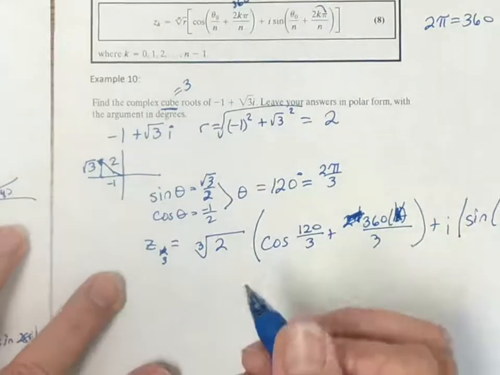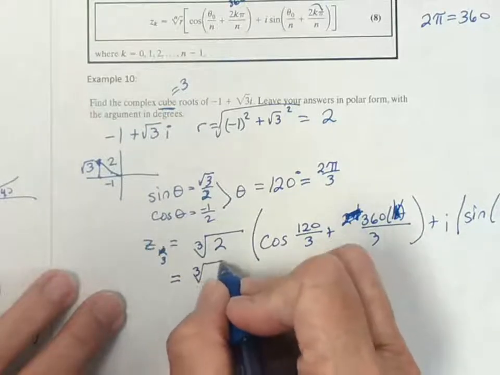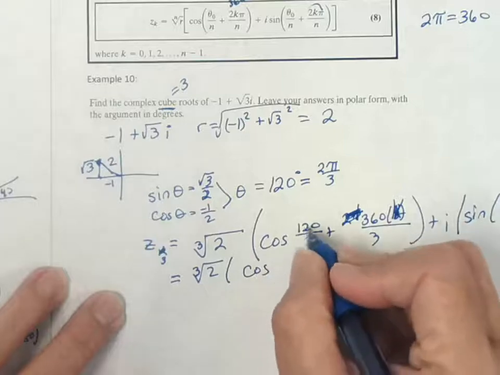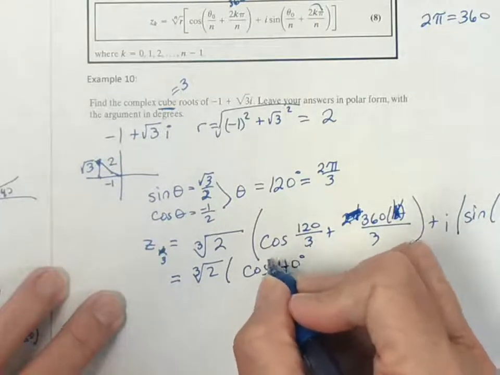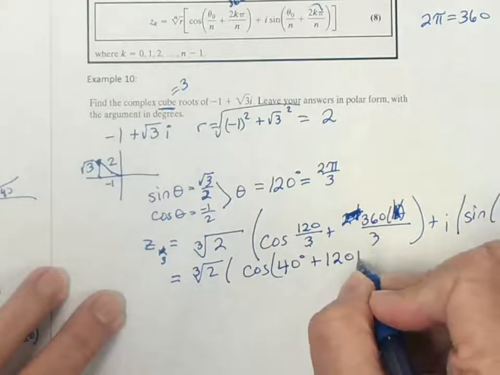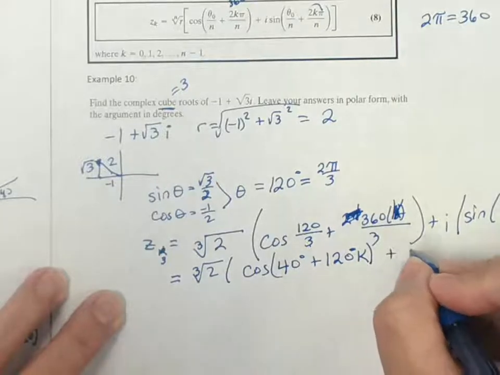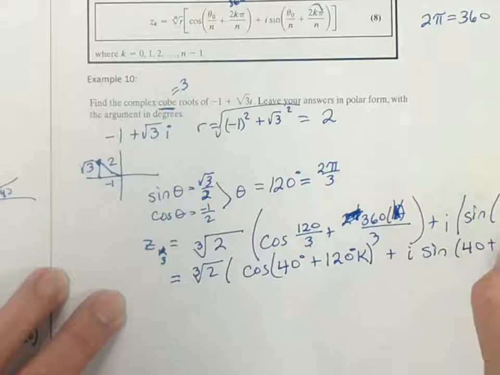Again, I want to stick with degrees here. So we have the cube root of 2 times the cosine. 120 divided by 3 is 40 degrees, plus 120 degrees k, plus i times the sine of 40 plus 120 times k.